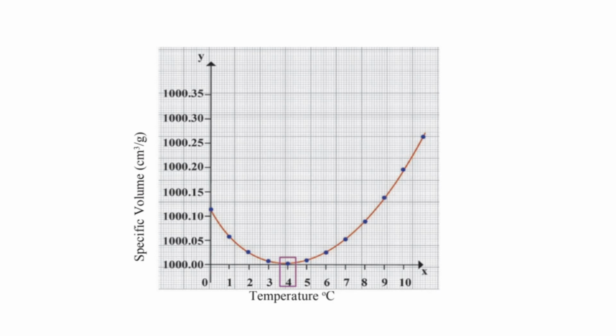For this, here is a graph which explains everything, and you can see here that volume is plotted on the y-axis and the temperature is plotted on the x-axis. As the temperature increases from 0 to 4 degrees Celsius, you can see that the volume is decreasing, which is clearly saying that on heating the water and raising its temperature from 0 degree to 4 degree, it undergoes contraction, because of which volume is decreasing.